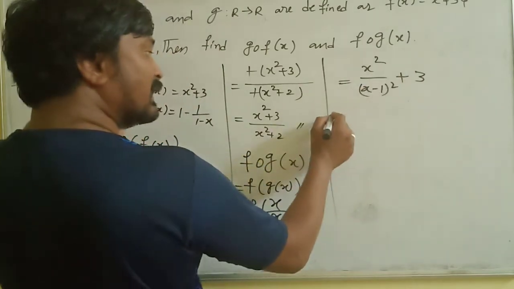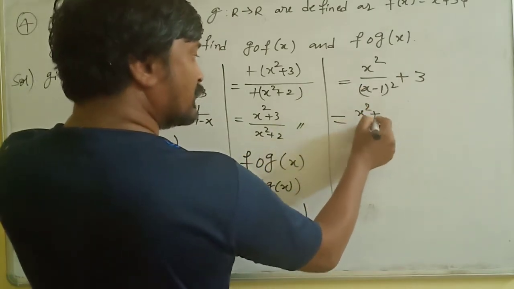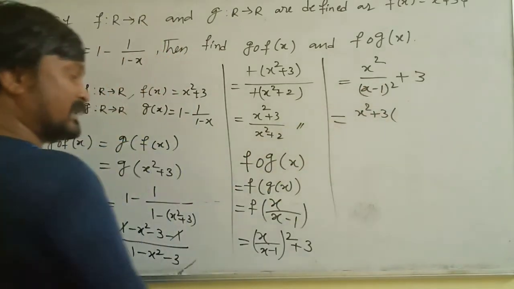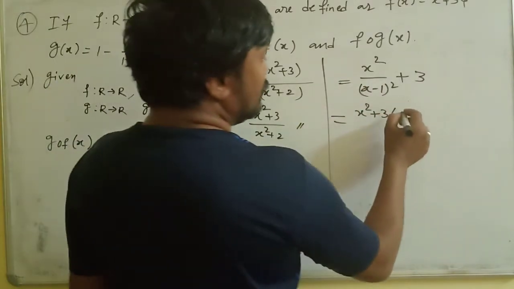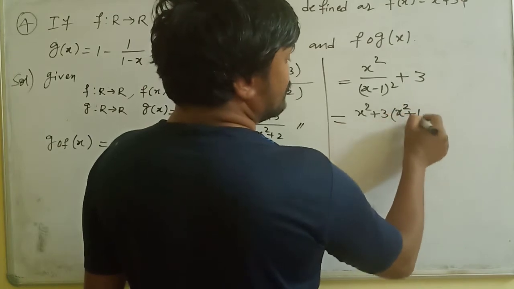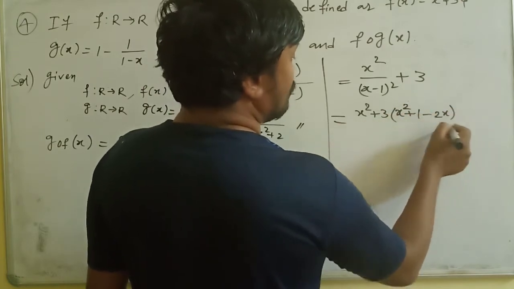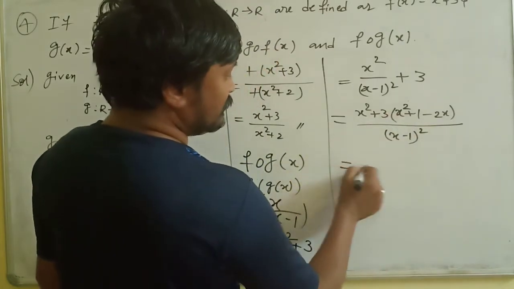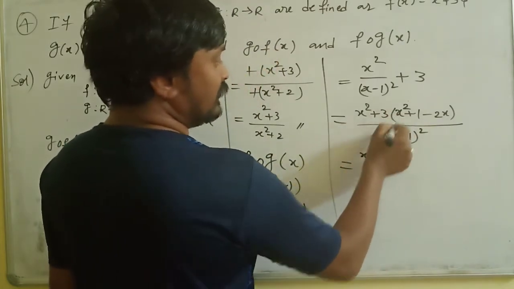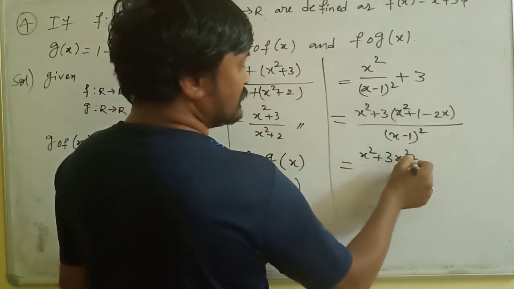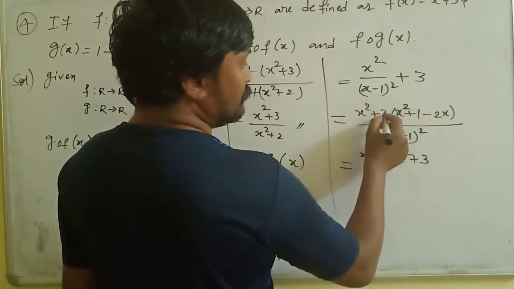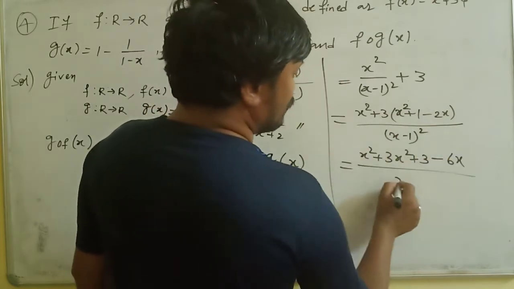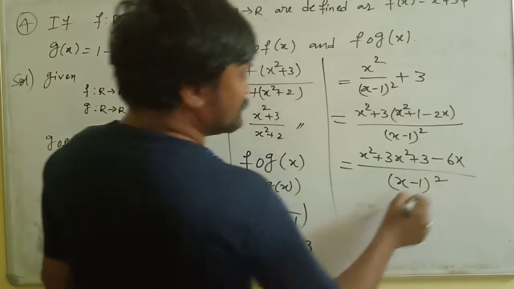So now this we can write it as x square plus 3 into x minus 1 whole square, upon x minus 1 whole square. x minus 1 whole square is nothing but we can write x square plus 1 minus 2x. Just simplify it. x square plus 3 into x square is 3x square, 3 into 1 is 3, 3 into minus 2x is minus 6x, upon x minus 1 whole square.